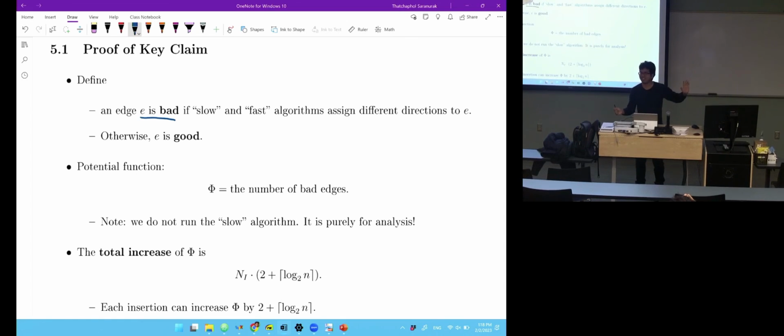Now an edge is bad if the slow and fast algorithms disagree. Otherwise, I call it good. But good and bad here is just for analysis. You don't even run the slow algorithm. And the potential function is the number of bad edges.